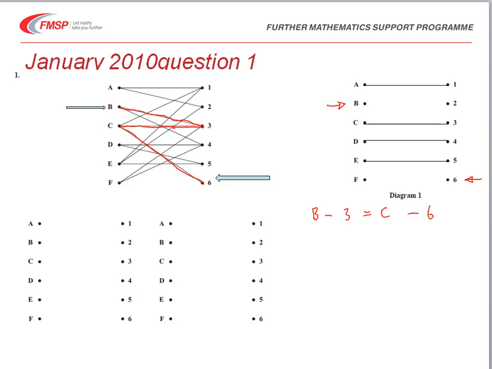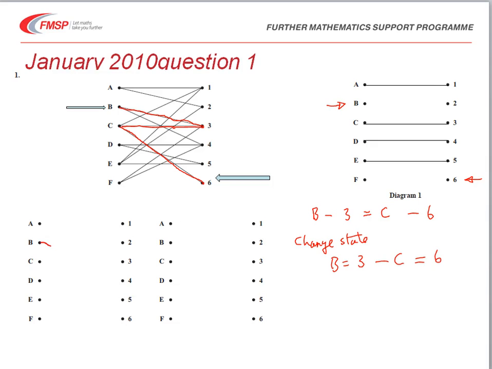so that now when we change the state, that becomes B is allocated to 3 and C is allocated to 6. So in drawing the new matching, which I'm going to do on the left hand diagram at the bottom, I would start off with those new ones.